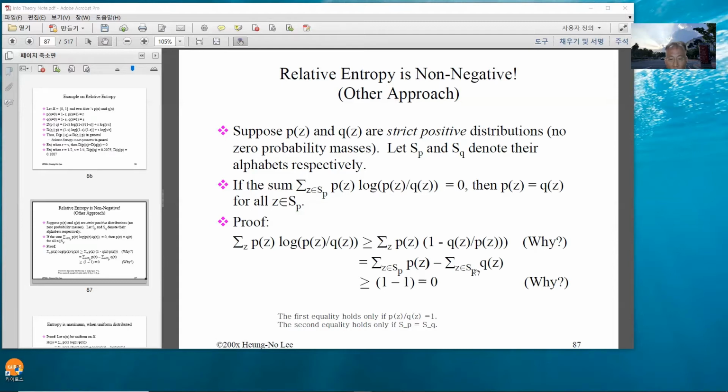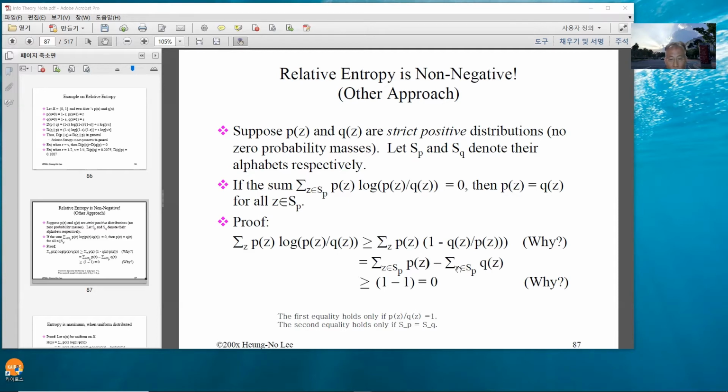This may not be equal to 1 because SP is not the alphabet of QZ. So SP is not equal to SQ in general. In such a case, this summation is not over the whole alphabet set, so this may not be equal to 1. So it is in general smaller than 1.